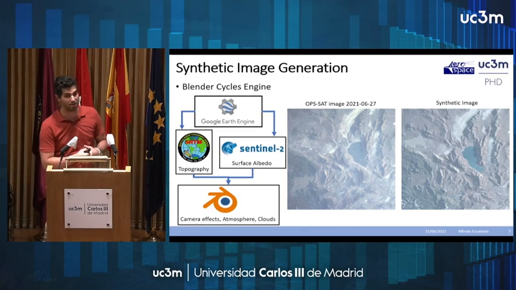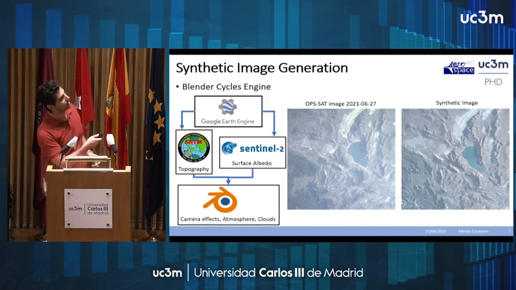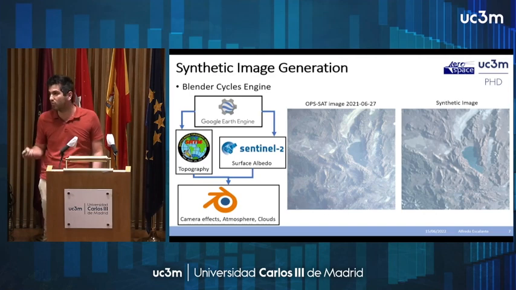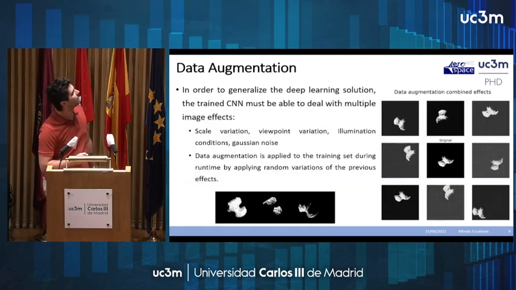Also, we can deal with clouds, because of course on the comet you don't have clouds. Modeling these different effects, we can get a synthetic image which pretty much resembles the real one from OPSAT. With this, we'll be able to train the neural network, which will be able to work with the real images as well.